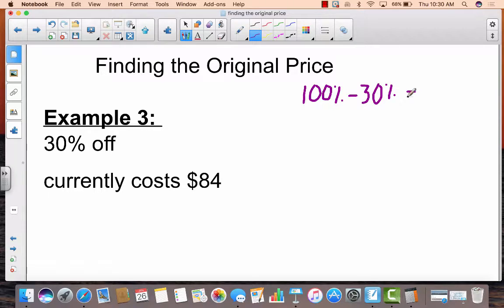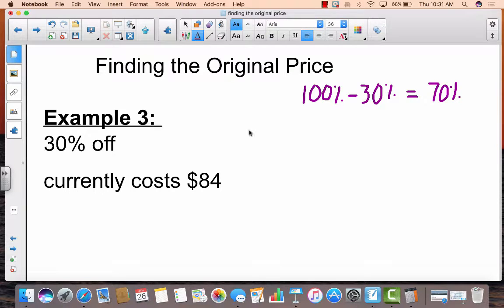So 100% minus 30%, I am paying 70% of the price. So 70% or 0.70 times some number x is equal to our sale price of 84.